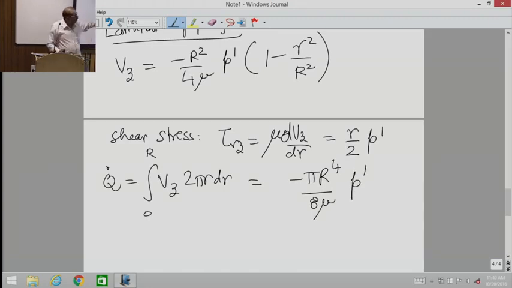So if we work out all these parameters in terms of P prime, we can get the shear stress, and we got this.